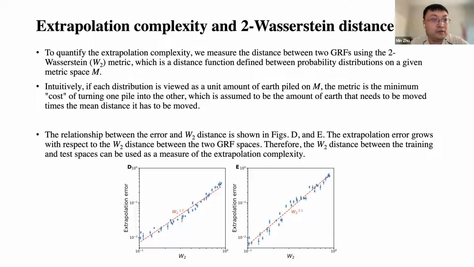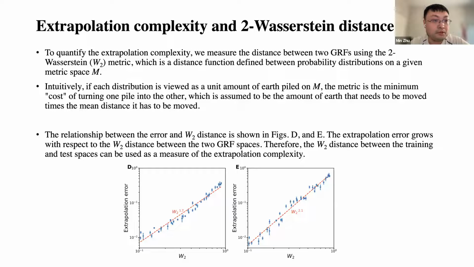Intuitively, if each distribution is viewed as a unit amount of earth piled on the space, the metric is the minimum cost of turning one pile into another, which is the amount of earth that needs to be moved times the mean distance it has to be moved.